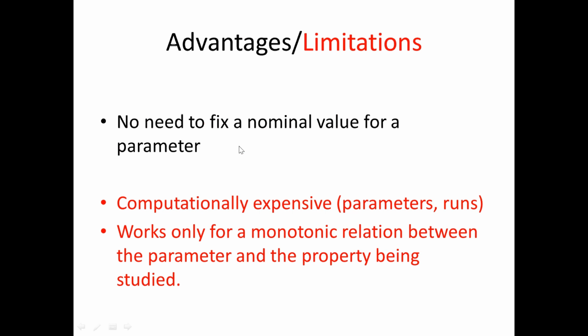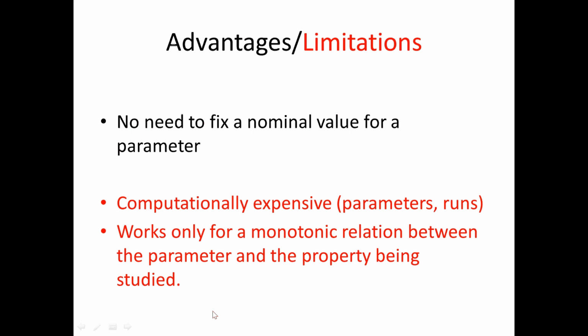You can use the entire range over which the parameter is changing. And on the limitation side, you must have guessed that it will be computationally expensive, and how expensive depends upon the number of parameters you use and the number of runs used for every simulation.